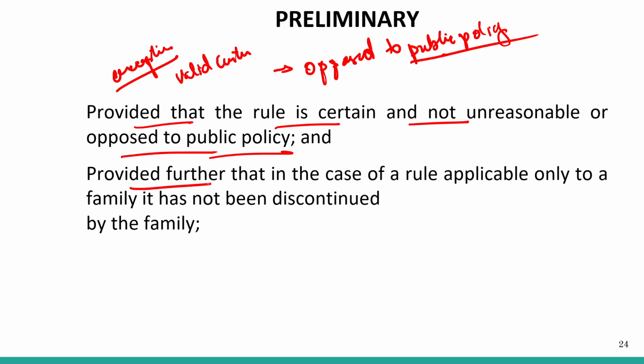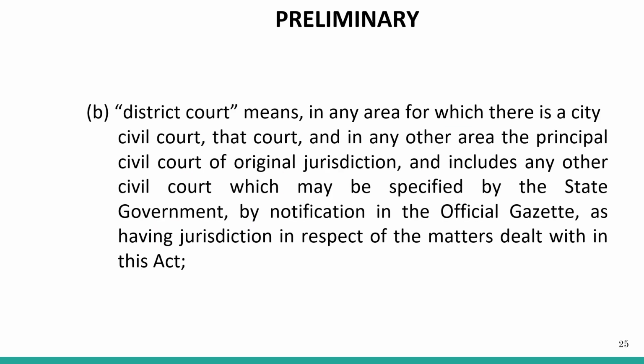And in the case of a rule applicable only to a family, it has not been discontinued by the family. So there should be continuity. All the essentials that we studied when we were talking about customs in our earlier video are the same requisites that we need to follow when you talk about customs in regards to the Hindu Marriage Act also.